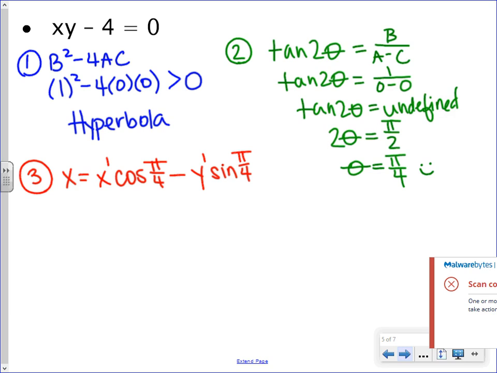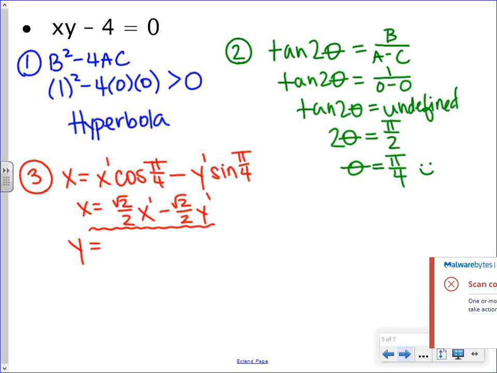We can actually evaluate those numbers. So your x substitution is going to be radical 2 over 2 x prime minus radical 2 over 2 y prime. If you're rusty on your unit circle, it would not hurt for you to look at it again during the weekend.